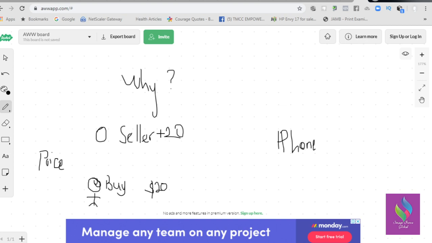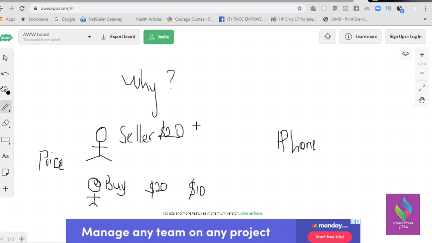We are taking it like you've gone to Alaba International Market or maybe Computer Village to do your buying. Now when people start buying, demand starts increasing, and this guy comes in and says, hey, I don't want to buy it at $20, I want to actually buy it at $10.